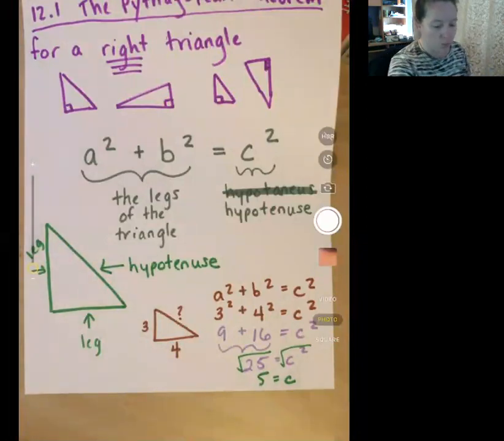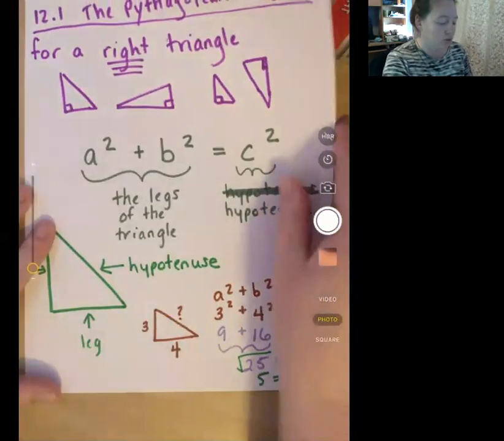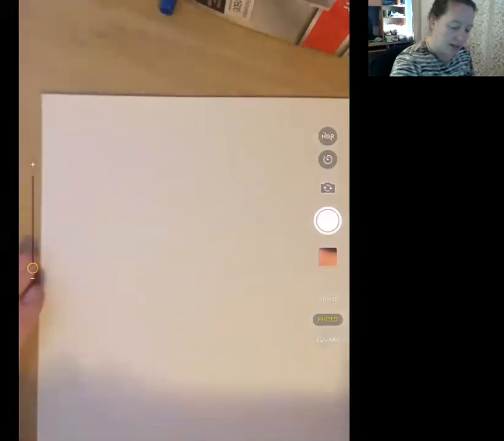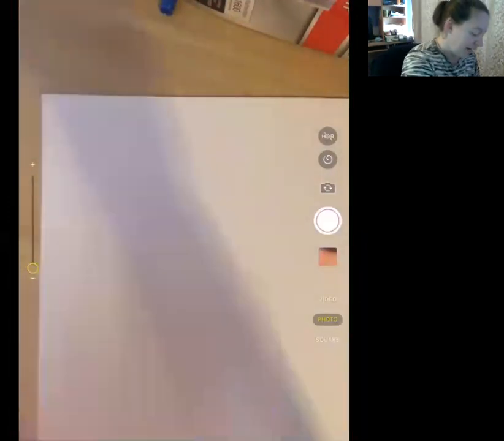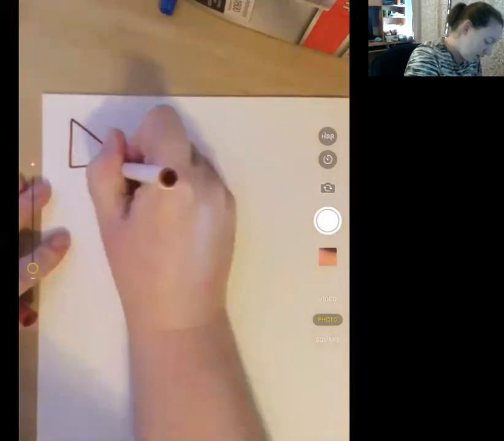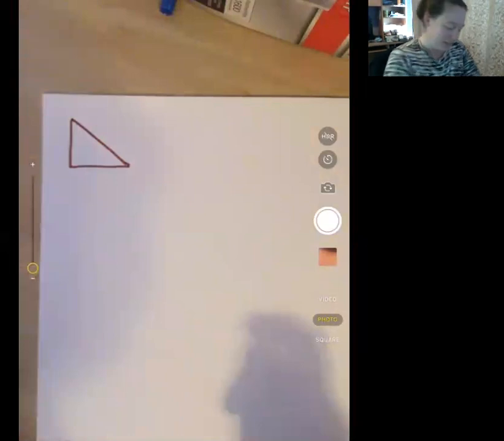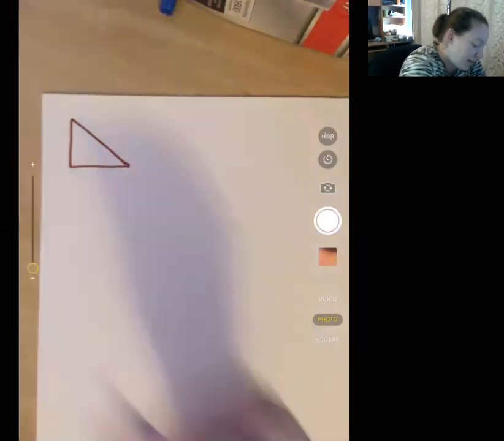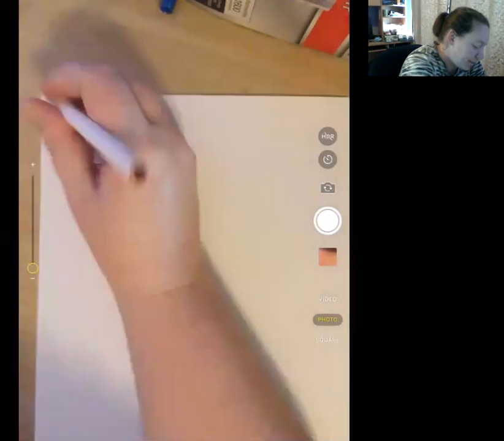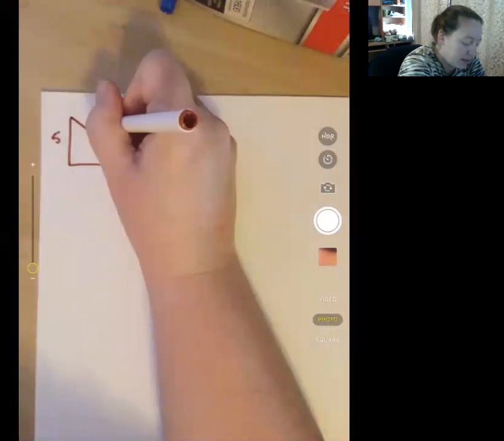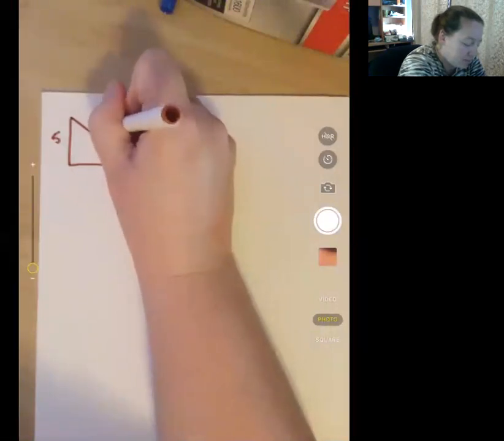Let me do another one where they give us the hypotenuse so we can see what that looks like. This time I am just making up the numbers. I have no idea whatsoever what it's going to end up being. Yay! So let's say that this one's a 5. And this one over here, let's make it 10.